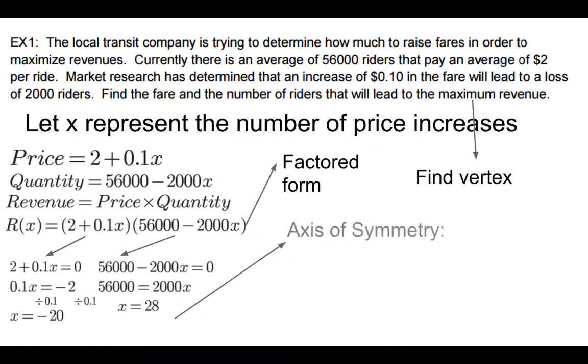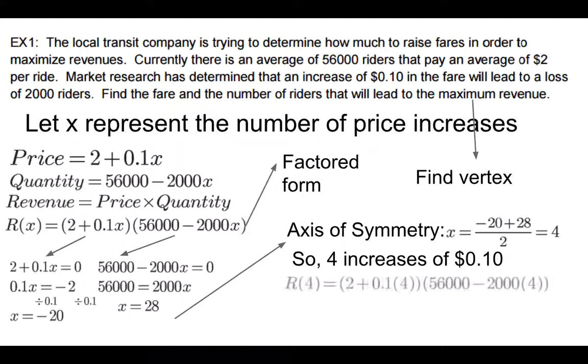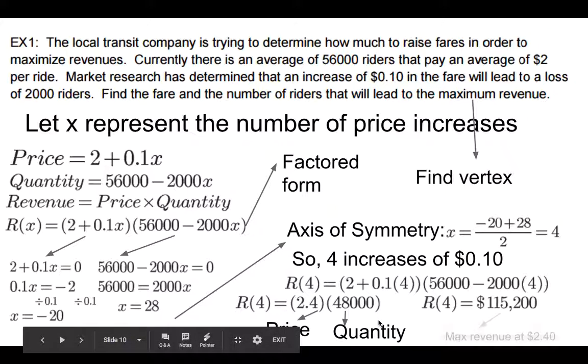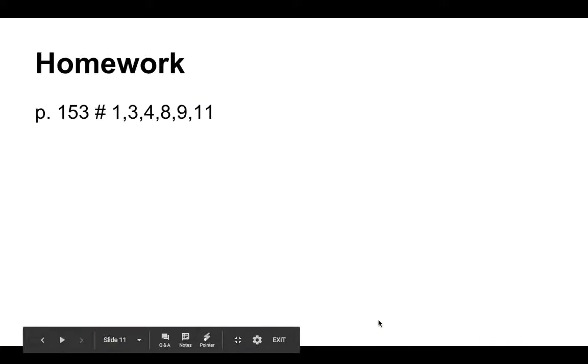The midpoint of the zeros is the axis of symmetry, so it's 4. And then if we sub 4 into the equation, we get our price and our quantity. And so you can see that in the two equations there. And the revenue, if you wanted it, was 115,200 if you just multiplied those together. Okay, and that's it.